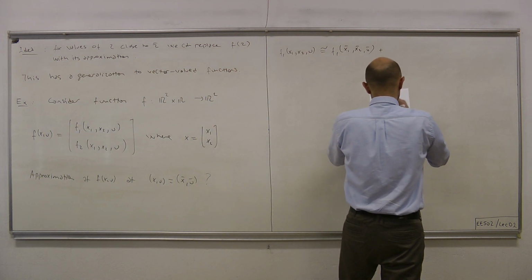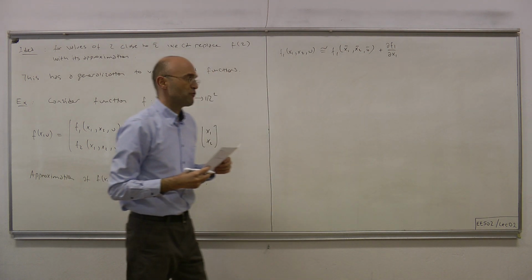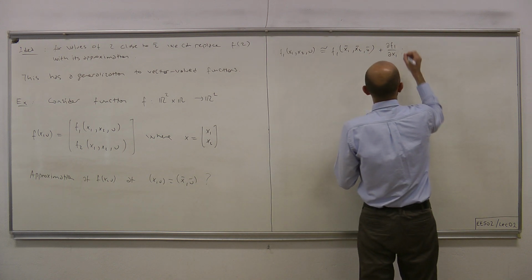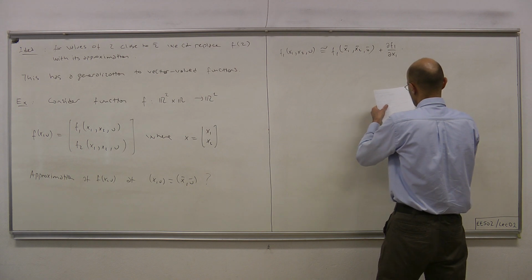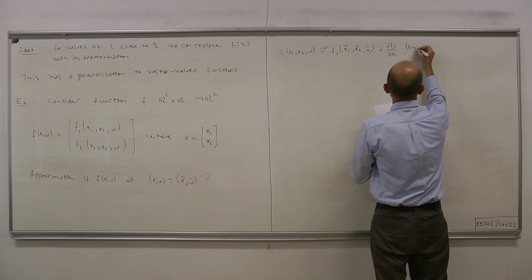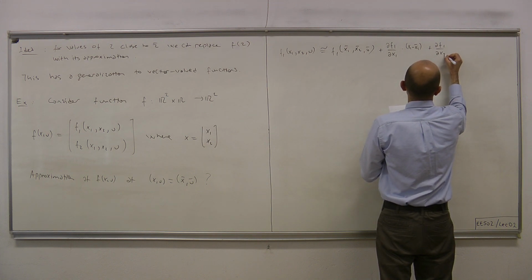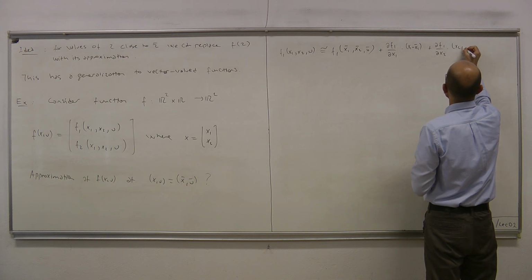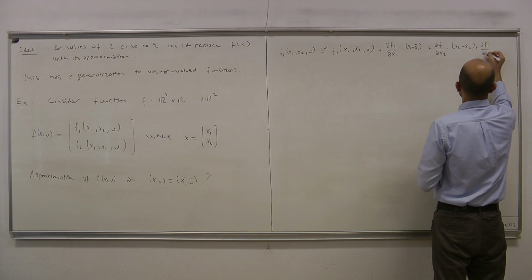Plus partial derivative of f1 with respect to the first variable, which is x1, evaluated at point x1 bar, x2 bar, u bar, times x1 minus x1 bar, plus partial derivative of f1 with respect to x2 times x2 minus x2 bar, and finally the same thing for variable u.